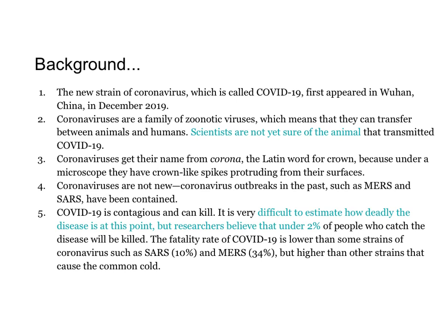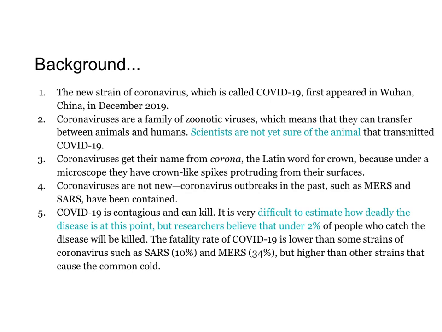Coronaviruses get their name from the word corona, which is a Latin word for crown, given because of the shape of the virus itself. They are not new. We've had outbreaks before, recently in fact, such as MERS and SARS. Both of those had been contained.